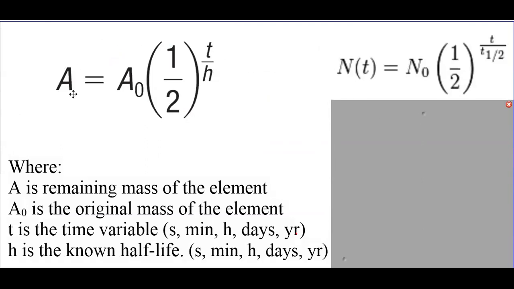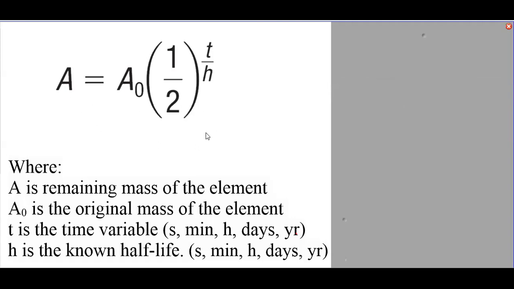I've also seen it written as A, which is referring to the mass or even just the activity of it, but I've seen it represented as N as well. So it depends on what textbook you're looking at, really. I'll just hide those. The textbook that you have access to, or at the very least the PDF files I put on my main class calendar, has this as the equation, so that's the one we're going to use.